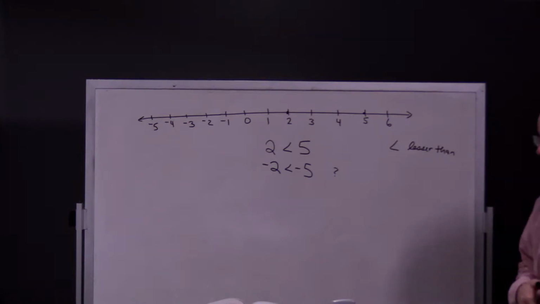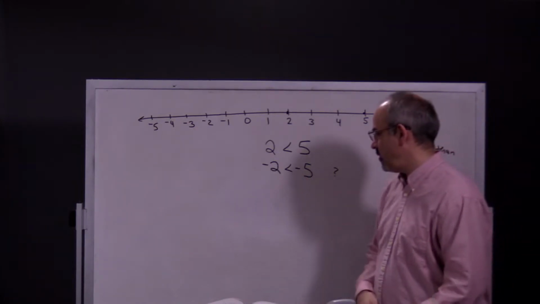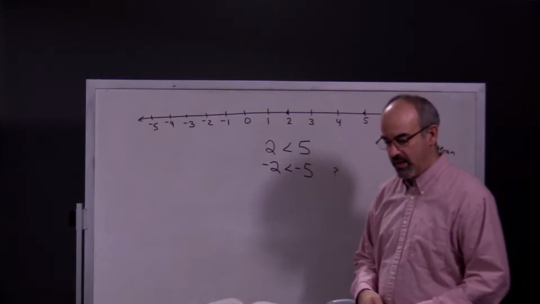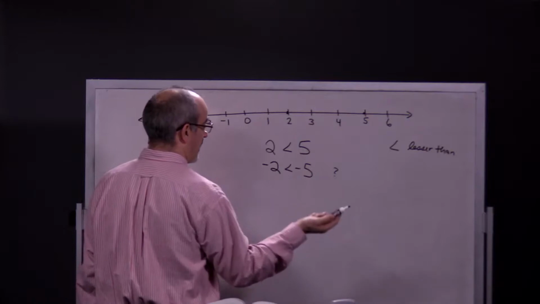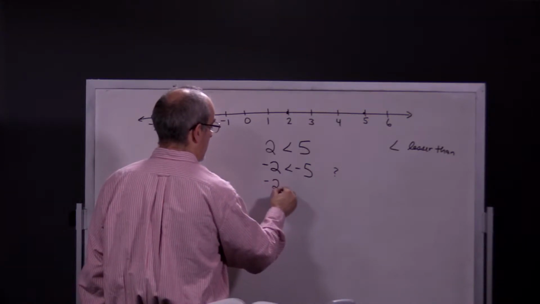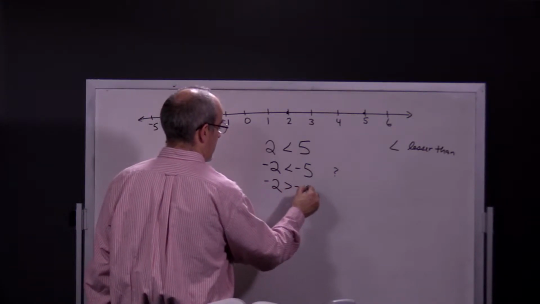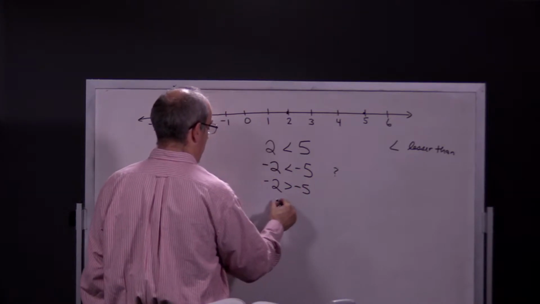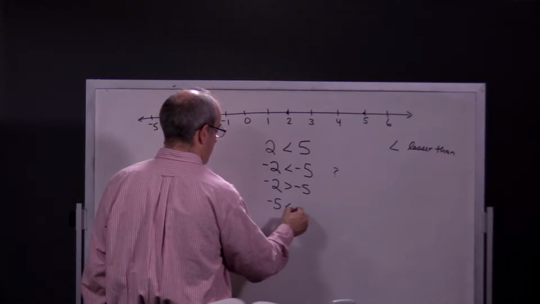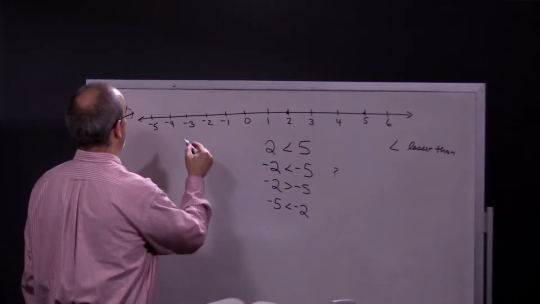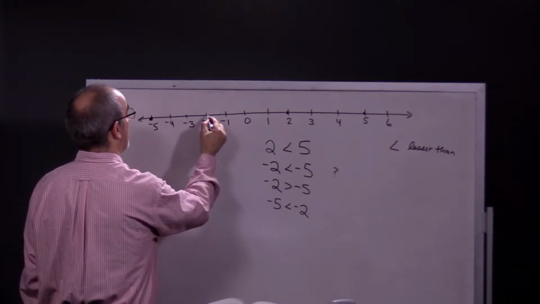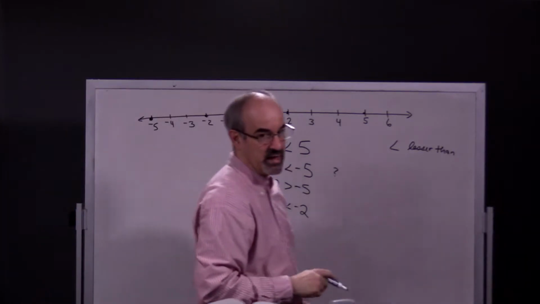Well, the answer is no. -2 is actually greater than -5, okay? Or another way to write that would be -5 is less than -2. Remember, less than means it falls to the left of the other numbers. And -5 does fall to the left of -2.